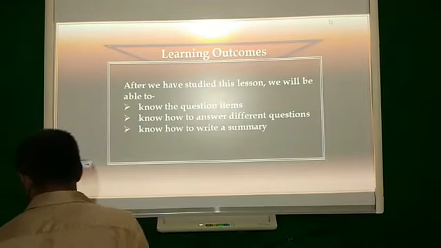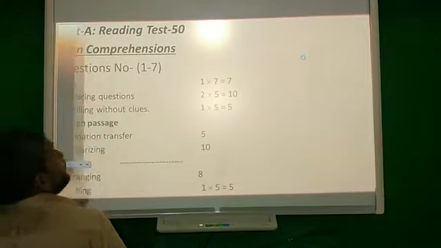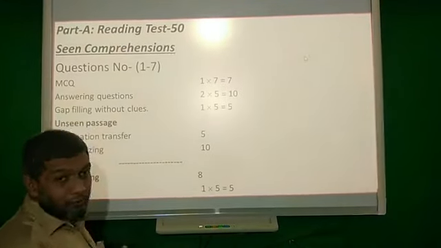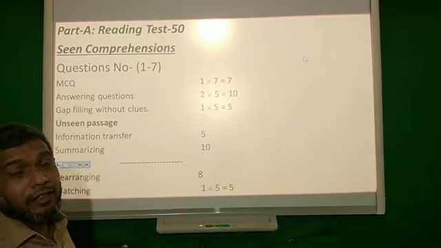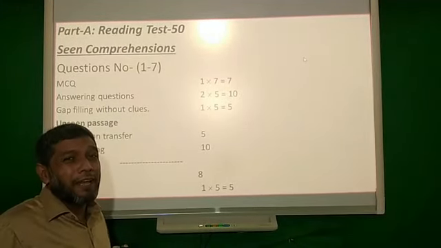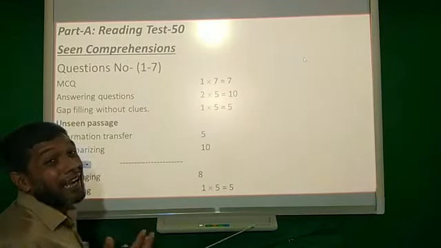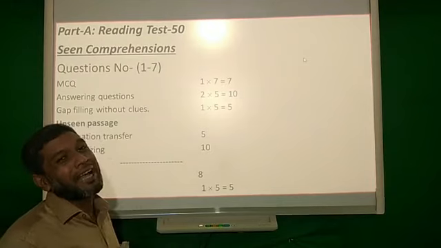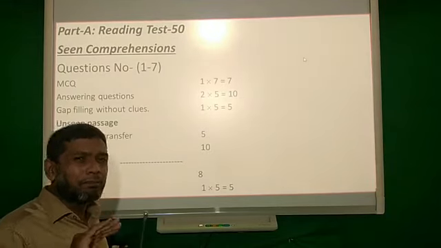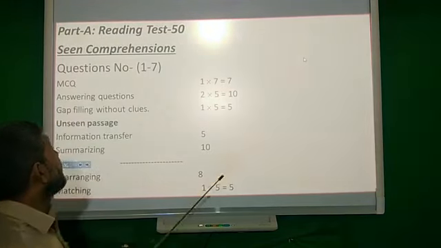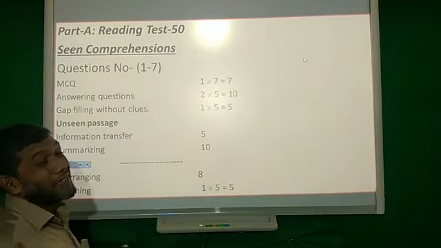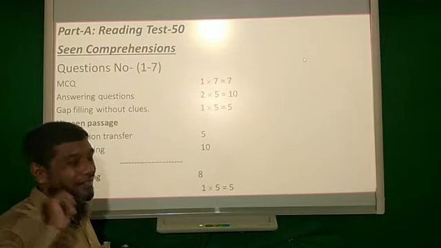So dear students, if we go ahead, if you have paper and pen with you, you can take notes. I hope you know the question items very well. In your English first paper you have two parts.